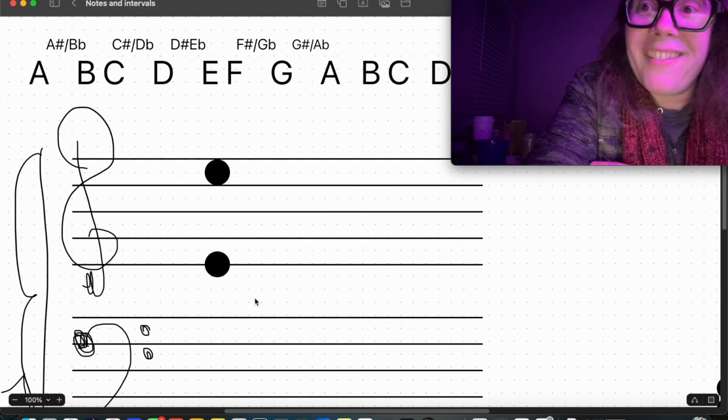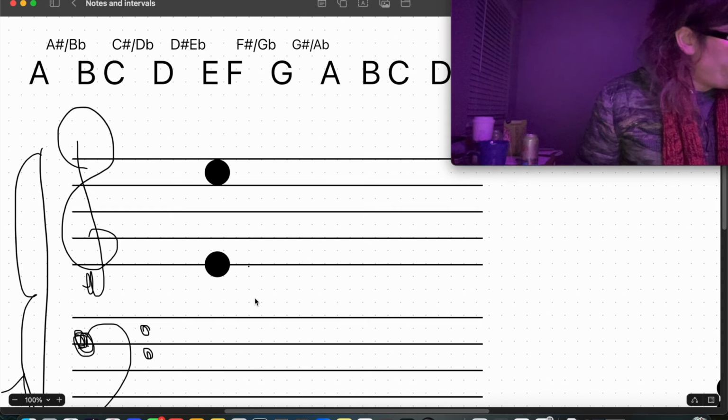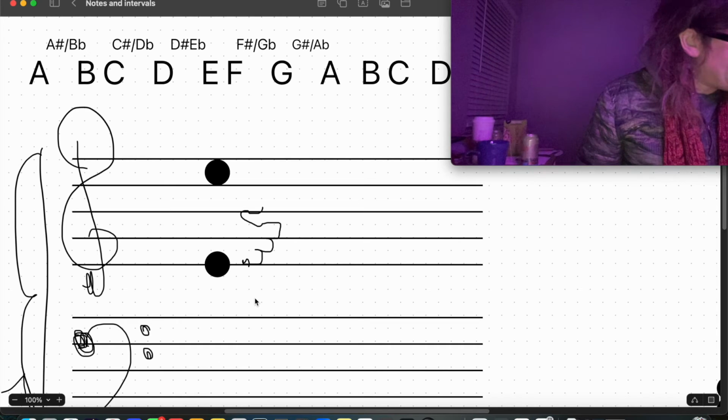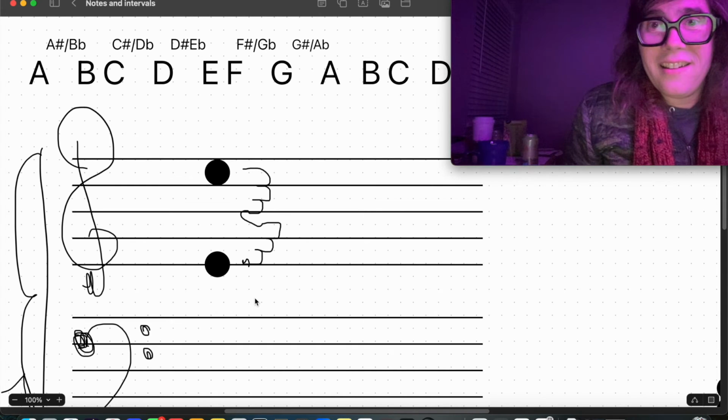Well, let's count it. Let's do it. So count, we're going to start with 1, 2, 3, that's the line, space 4. Line 5, space 6. Line 7, space 8. It's 8.